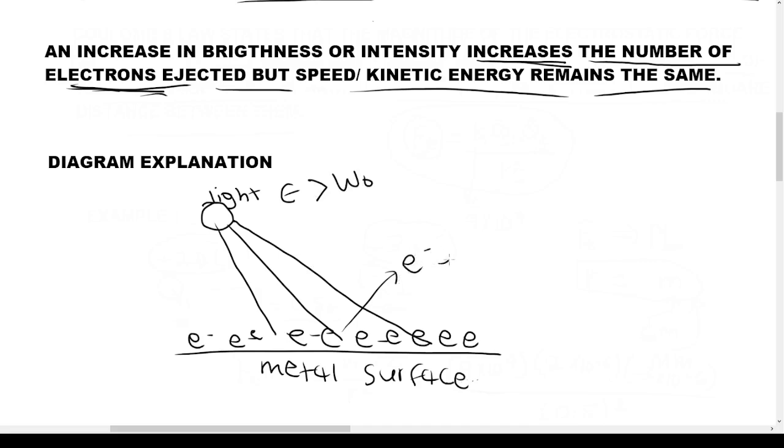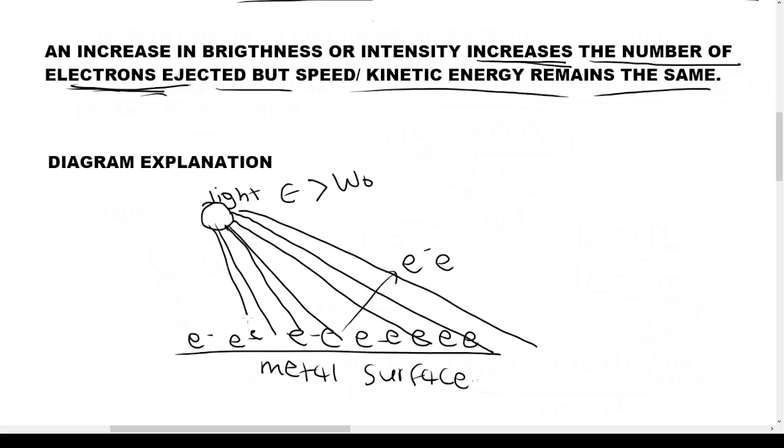Electrons will be ejected. Now when you increase intensity, let's assume that you are increasing the number of rays. It means you're adding more rays. It's like you're increasing intensity or brightness by adding more rays.